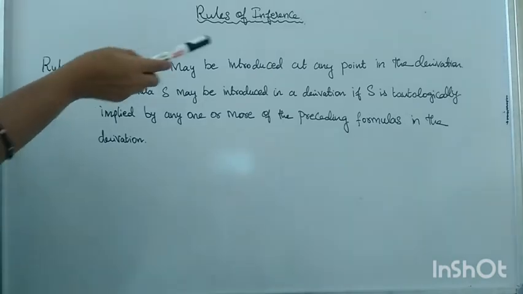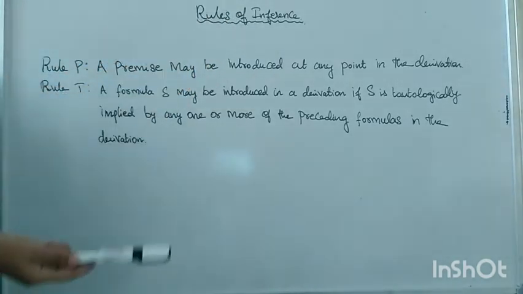So, what's the relation of defining the rules of inference in discrete mathematics? It means we are going to demonstrate that a particular formula is a valid consequence of a given set of premises. In order to prove that, we are going to define some rules of inference here.